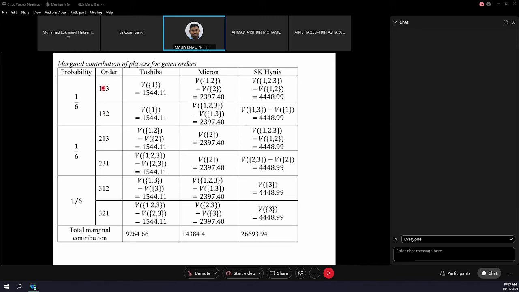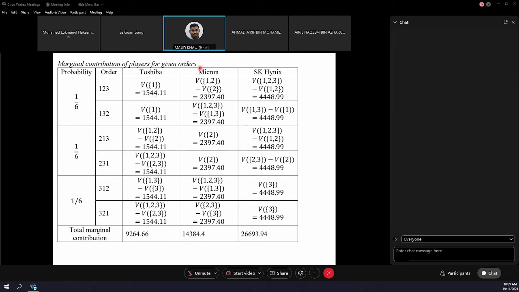Let's say they are doing coalition from player 1. For the first question, why is there only player 1? Because only one player enters the room. That's why the value does not change.